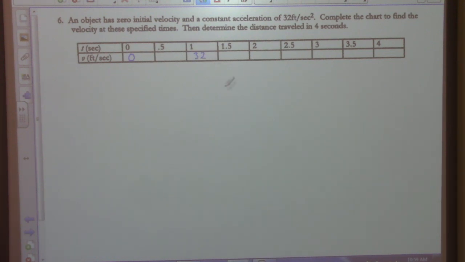And then right here, what is this one going to be? 64. Actually, it's going to be 128. I'm confused. I need help. What's going on?